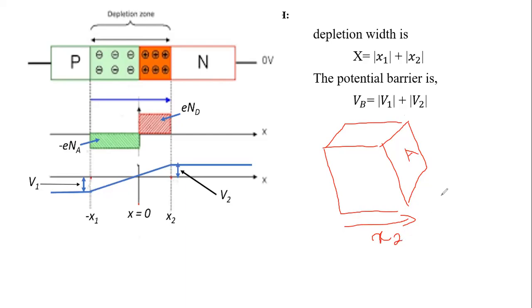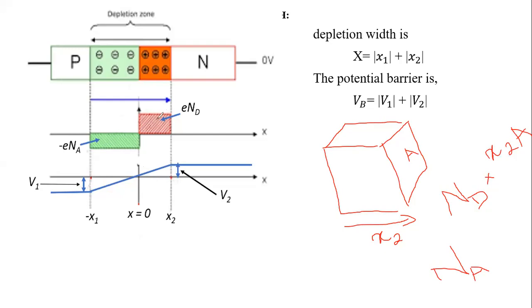So if you multiply the number density of positive ions, that is Nd, with the volume, which is x2 into A, you will get the amount of positive charge on the n side. And similarly, you can multiply Na, the number density of acceptor atoms, with the length x1 into the cross-sectional area, that is the volume. You will get the amount of negative charge.